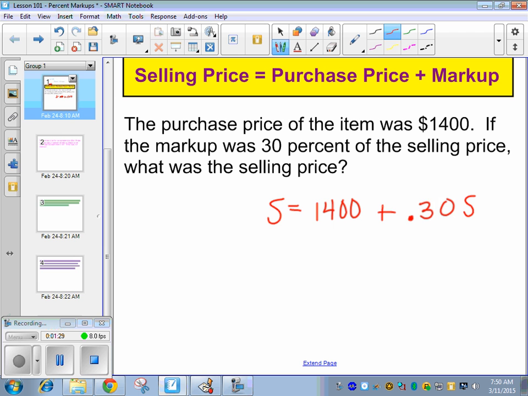Since there's only one variable, we can just subtract 30% from both sides. And this is really like a 1x right here. So when we subtract, we have 70%. And divide both sides by 0.7.